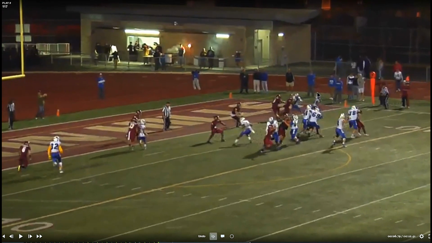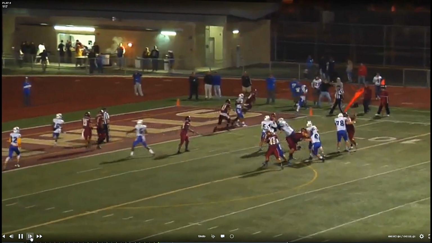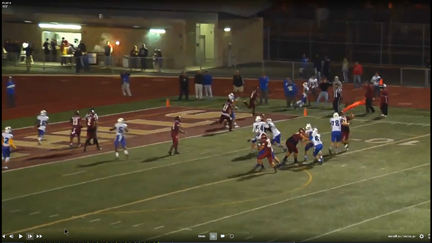Okay, now this guy, he's open. I mean, it's not because of that action that he's open. His man is well off of him. So if you chose not to throw a flag on this play, okay, you can live with that, but know why you didn't throw the flag. You have to understand the reasons why you didn't. And then also, if you threw a flag and said it was due to this action and it was illegal, that's probably okay too.